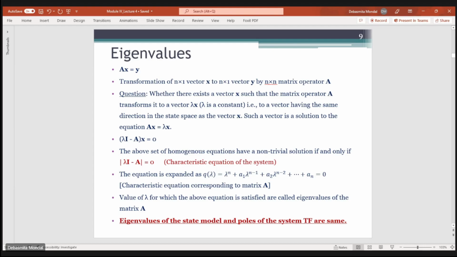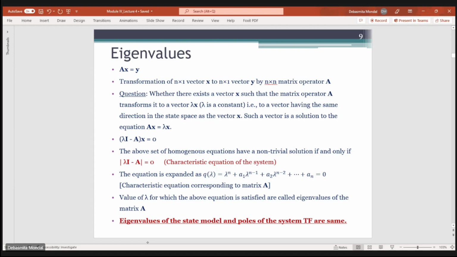Now the question is whether there exists a vector x such that the matrix operator A transforms this vector x into a different vector given by lambda x, where lambda is a constant, and the transformed vector lambda x has the same direction in the state space as the initial vector x.